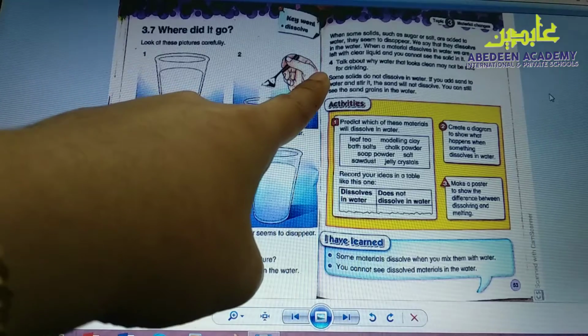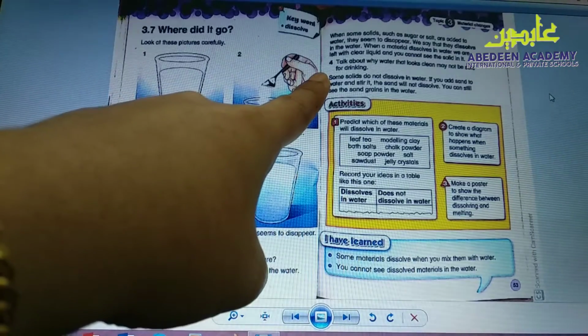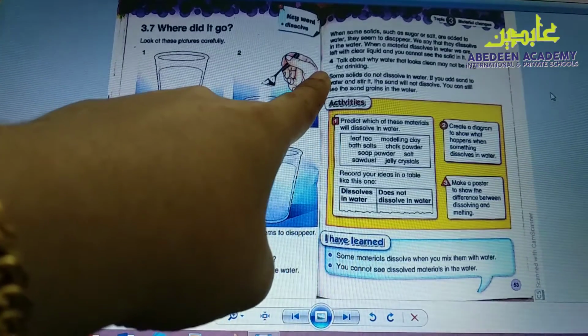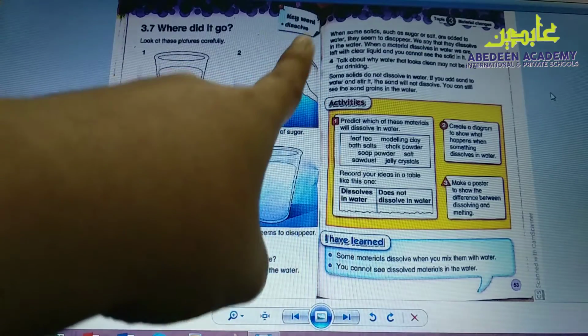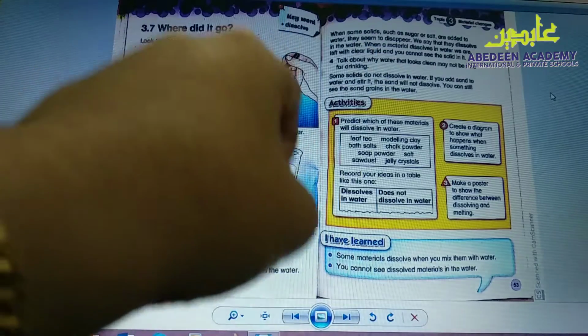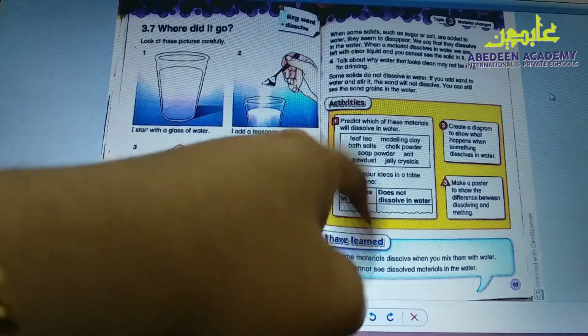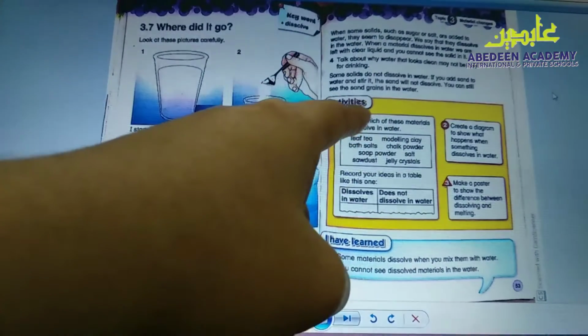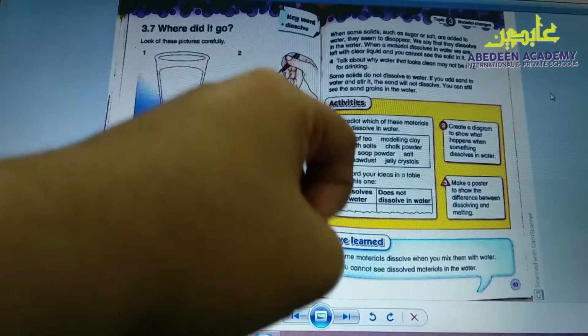Alright, so let's read over here. When some solids such as sugar or salt, the solid thing is what I call the powder thing. Powder is solid. When they are added to water, they seem to disappear or dissolve. We say that they dissolve in the water.